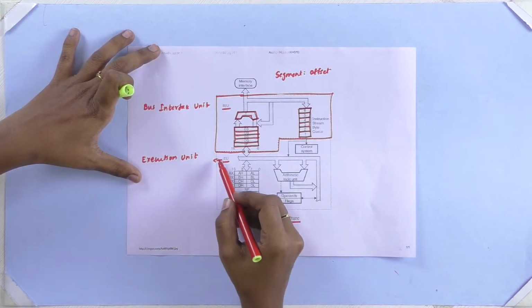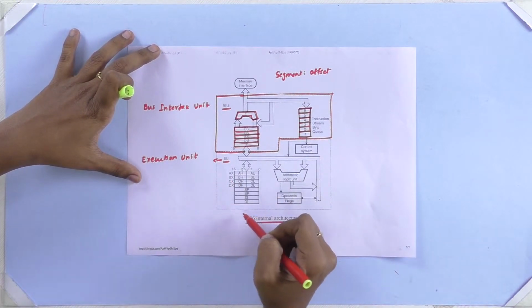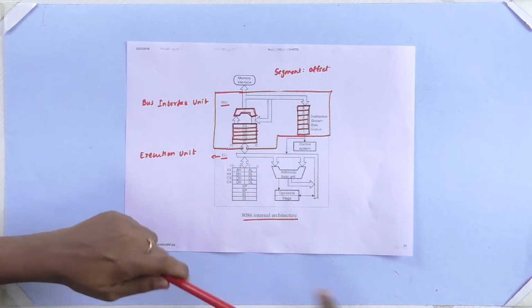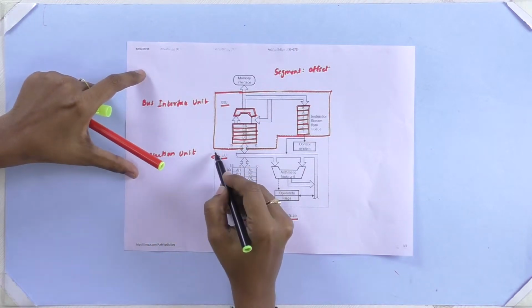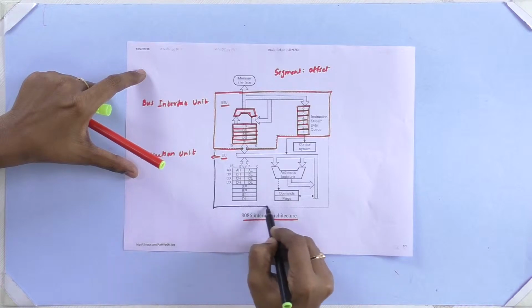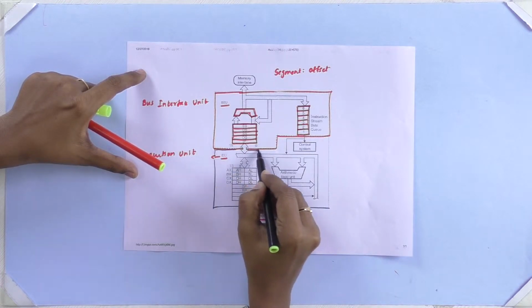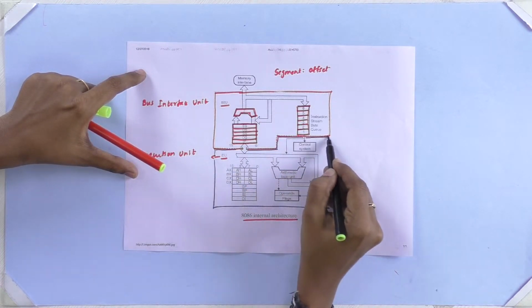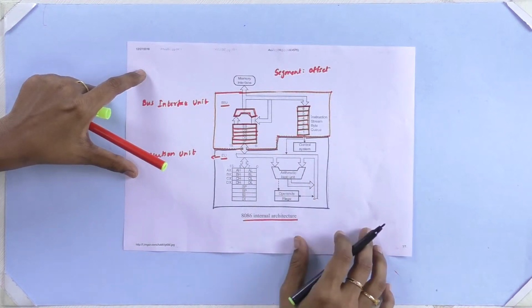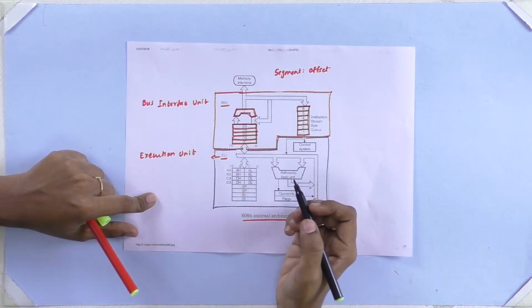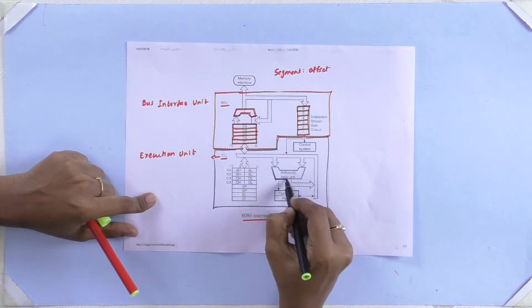Next come the logical components of the execution unit. This part refers to the execution unit of the 8086 microprocessor, and it contains the arithmetic logical unit, ALU.